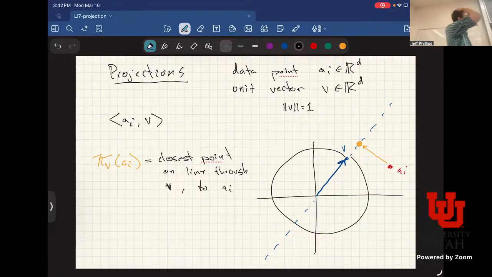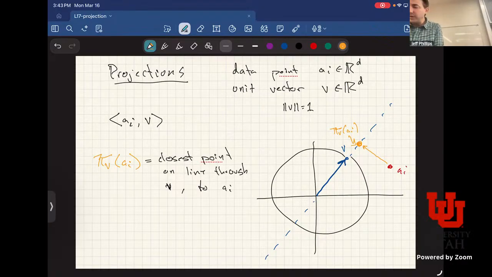So I'm finding the closest point on that line to the point a_i. Think of this as taking the data point and projecting it onto this line, a one-dimensional space. I'm mapping it to the closest point on the one-dimensional space. That's this point here, pi_v of a_i.